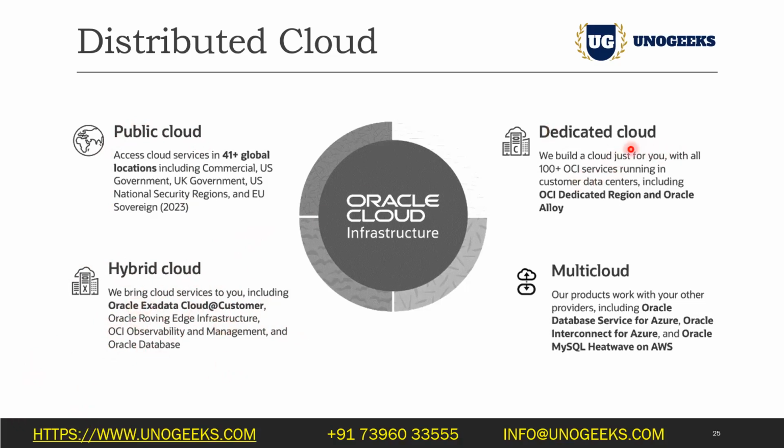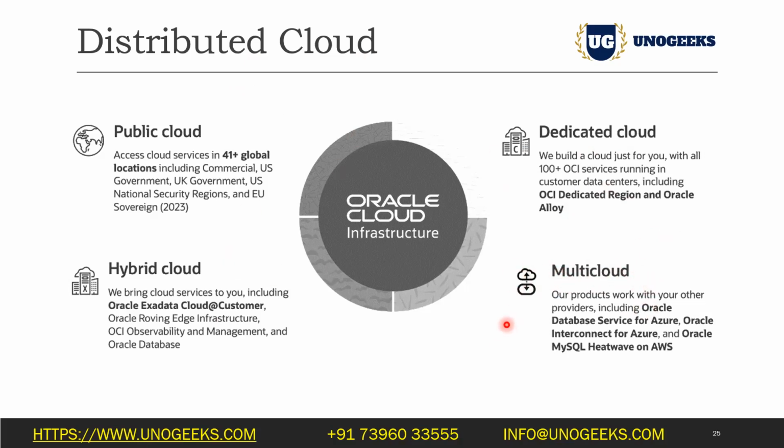And we have a dedicated cloud model which offers more than 100 OCI services running in the customer data center. So in this case, this is called DRCC. We'll go through this in the next slide. And the customers can also go with the multi-cloud.